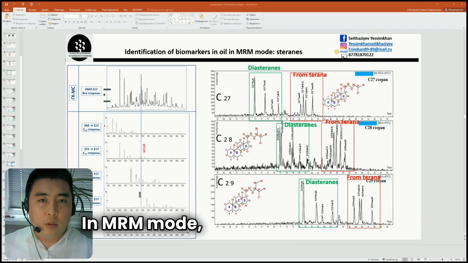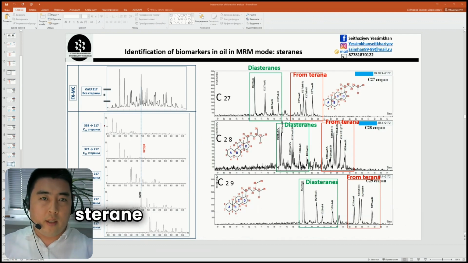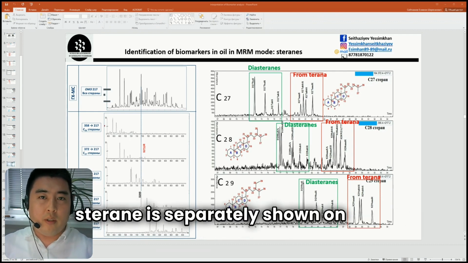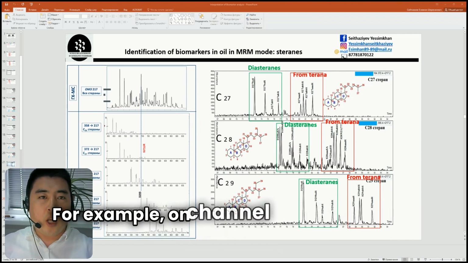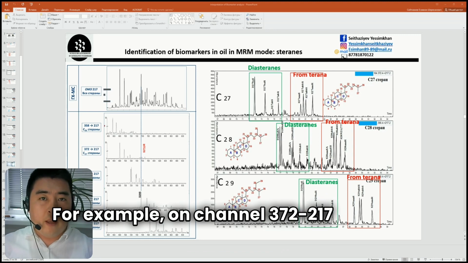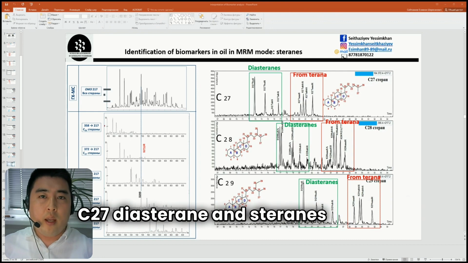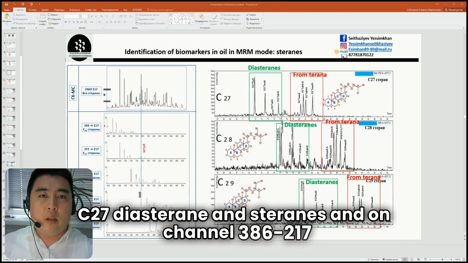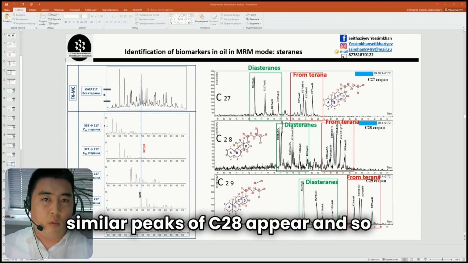In MRM mode, each diasterane and sterane is separately shown on each channel depending on the molecular weight. For example, on channel 372 to 217, there are 4 isomers of C27 diasteranes and steranes, and on channel 386 to 217, similar peaks of C28 appear, and so on.